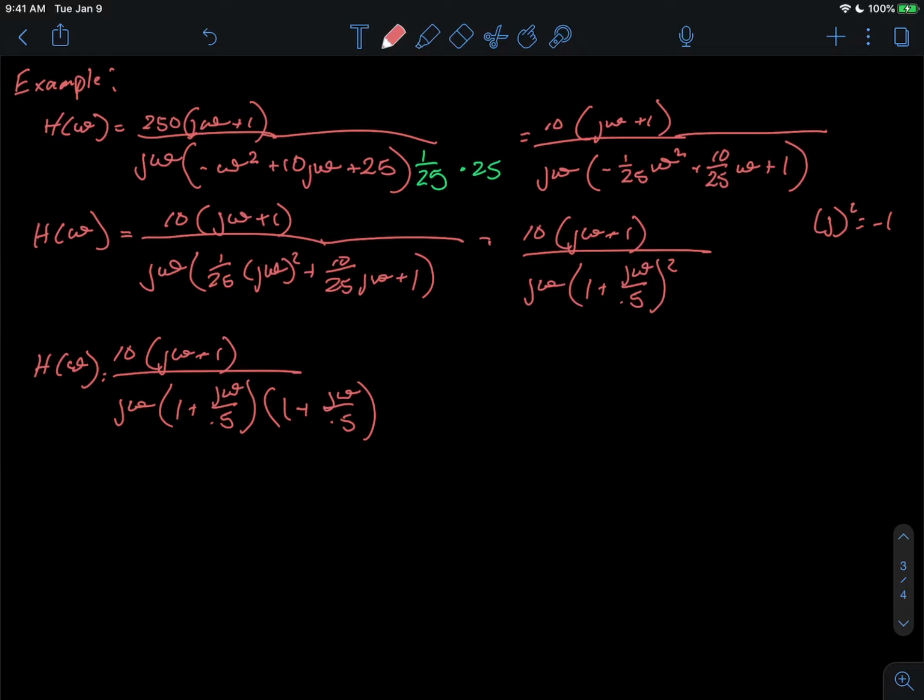So now you just draw the Bode plot for this and this on the same graph, so you have a stacking layer.